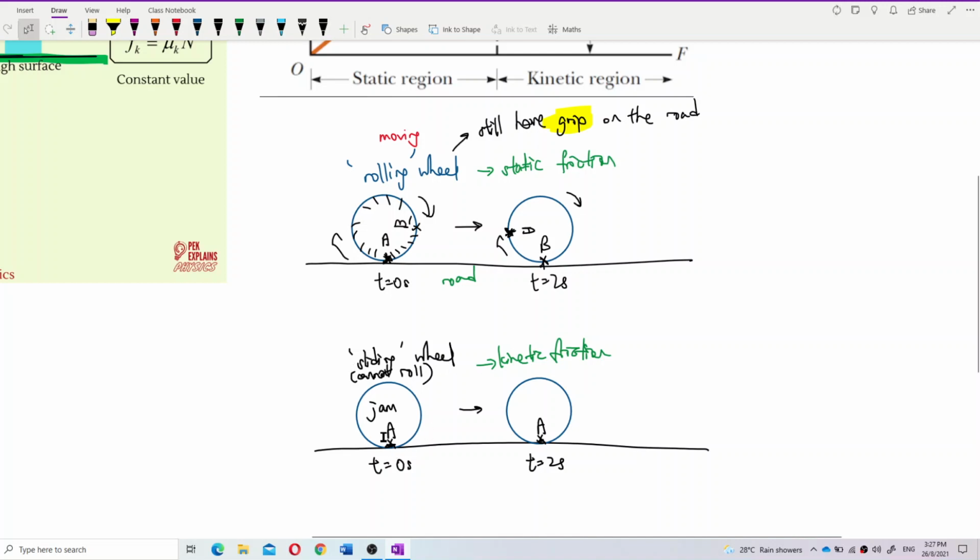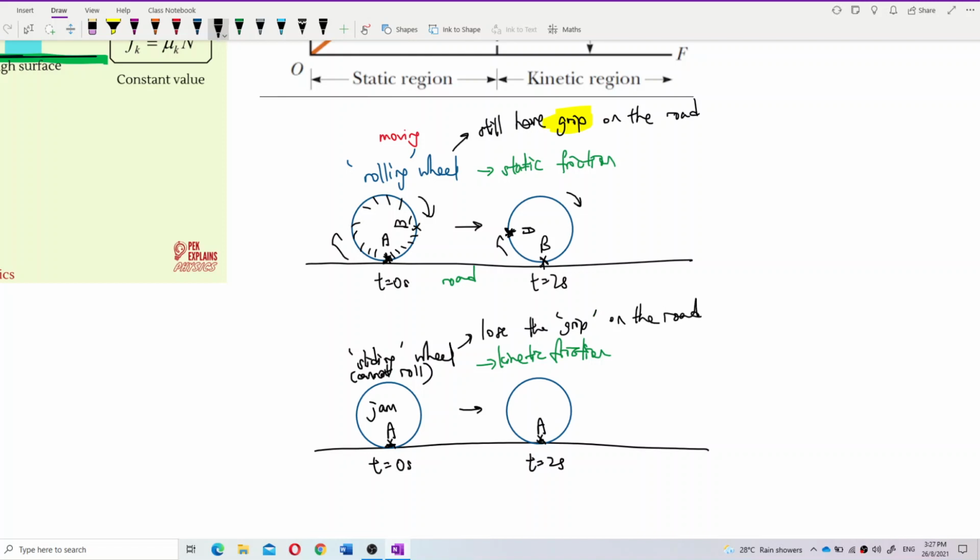This sliding wheel means it loses grip on the road.